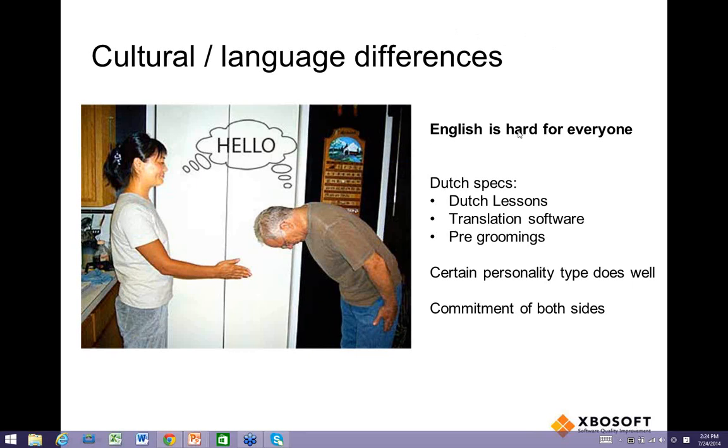In addition to Google Translate, we also have Dutch lessons, 3 times a week, half an hour, where we tend to focus on the kind of language that is used in the specification itself, and also on very simple sentences like hello, how are you doing, the weather is nice today, because it's just nice to break the ice when you're speaking with someone in Holland and you can actually say a little bit in Dutch.